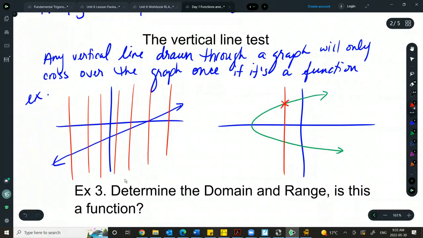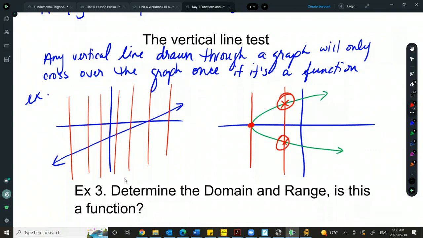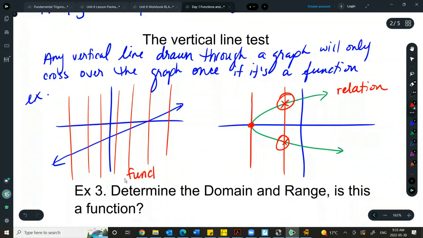It's overlapping itself. This vertical line crosses over twice. Even though there's a vertical line that I can draw here that only crosses over once, this one crosses over twice, so automatically if there's any vertical line that can be drawn that crosses over twice, it's not a function. So we would say this one is a relation, but it's not a function. This one over here passes the vertical line test, so it is a function.